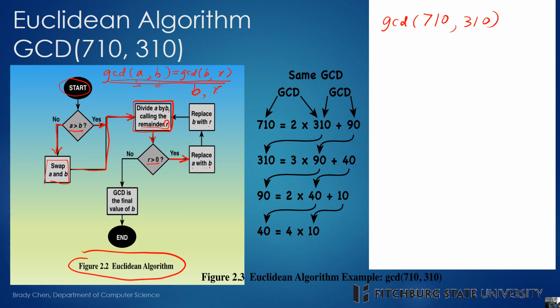Now we keep doing this cycle until R greater than 0 is no longer true. That means R is 0. If the remainder is 0, then we know that the GCD is the final value of B.